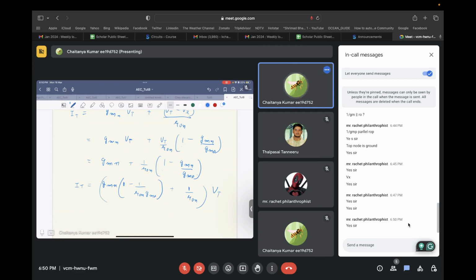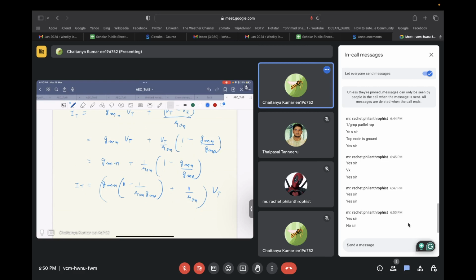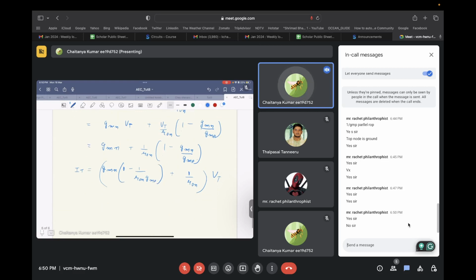This is correct, right? Is there any problem in this? No, right? Okay. So basically Vt by It is equal to 1 over Gmn times 1 minus Ron Gmp plus 1 by Ron.